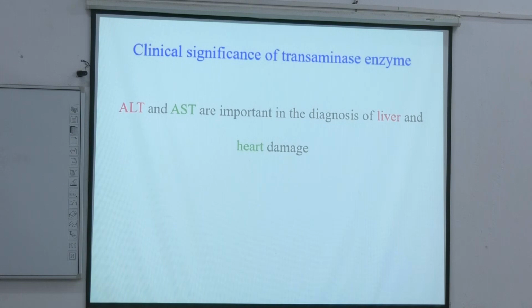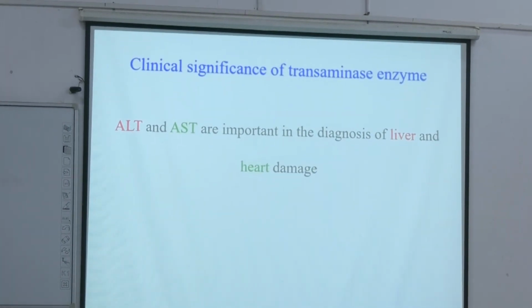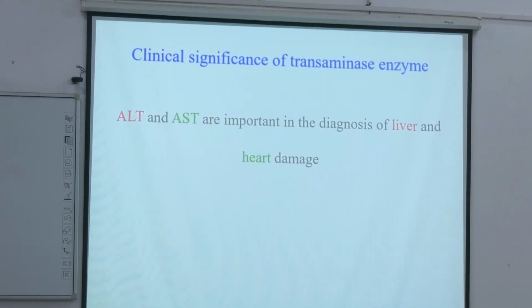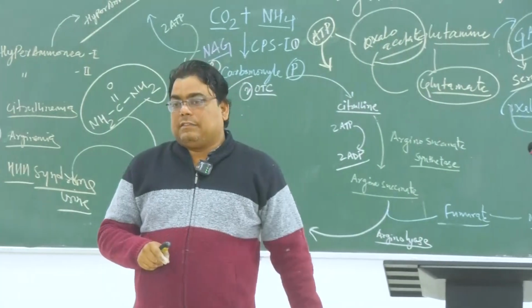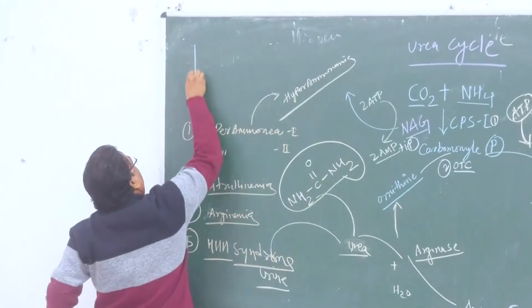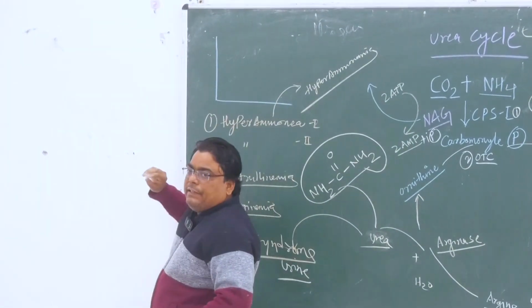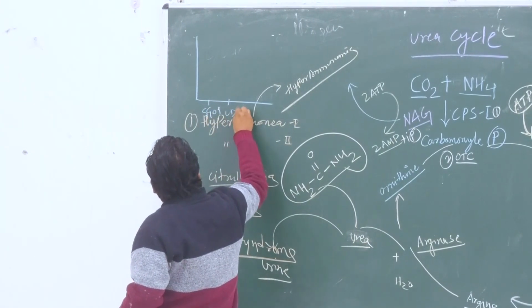The clinical significance of this transamination reaction we already discussed in clinical enzymology, that is the role of SGOT and SGPT in different diseases and disorders. It is mainly for liver and heart damage. It is SGOT. Students, in your spotter section, I will give you the graph of myocardial infarction. The graph is like that, with different levels of enzymes like SGOT and LDH.